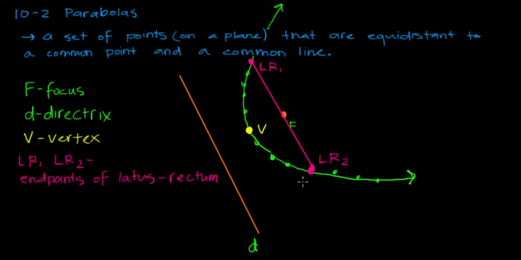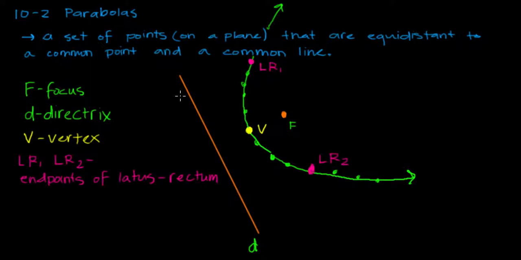Now there are lots of different lines you can draw that start on the parabola, end on the parabola and go through the focus. For example, you can do that one. So not only do we want to say that, we also want to say that it is parallel to the directrix. Now I know it doesn't look parallel, but we want to make sure that we understand that the lattice rectum is also parallel to the directrix. So the directrix and the lattice rectum should never cross each other.